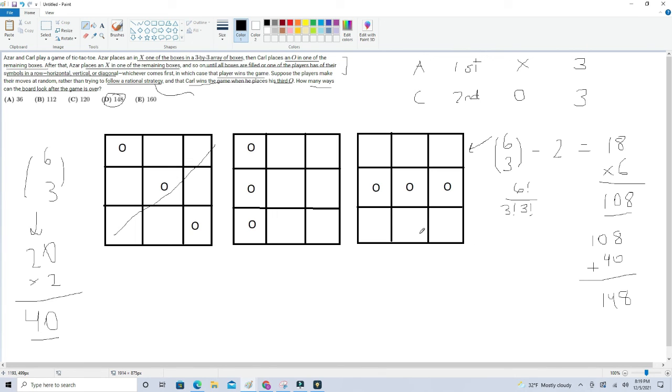So as you can see, this problem is really simple for a number 22 on an AMC 12. Honestly, if you made it this far into the test, you probably should have solved this problem, because as I've shown you, I've just used basic casework and combinations. Nothing too crazy, especially at a number 22 on an AMC 12 level.